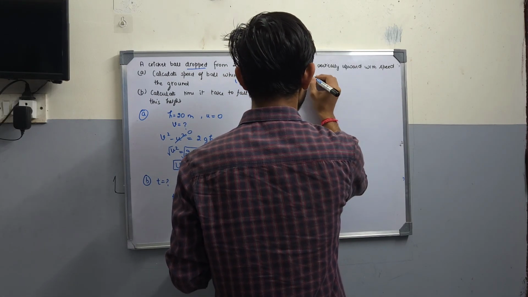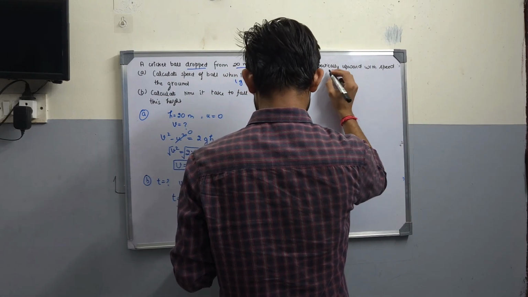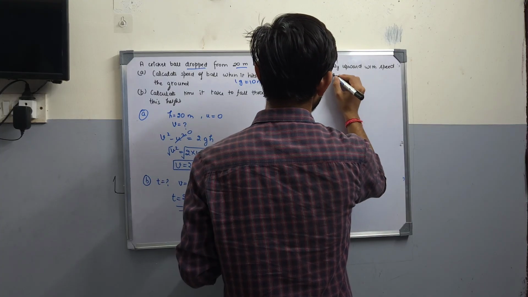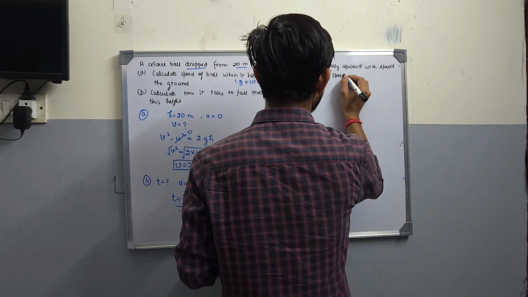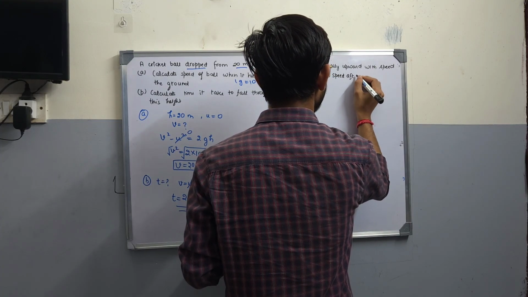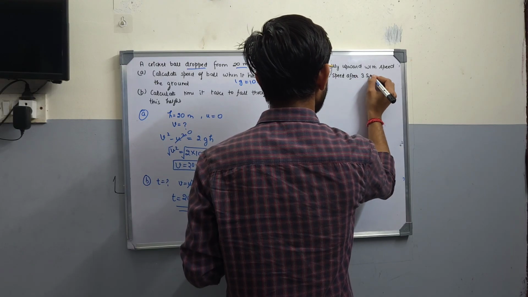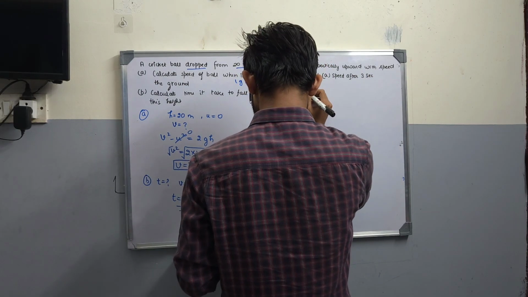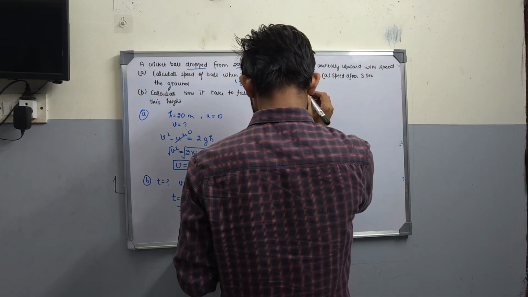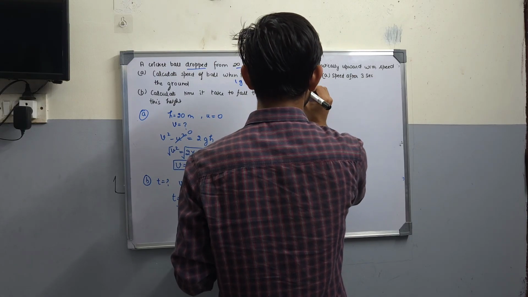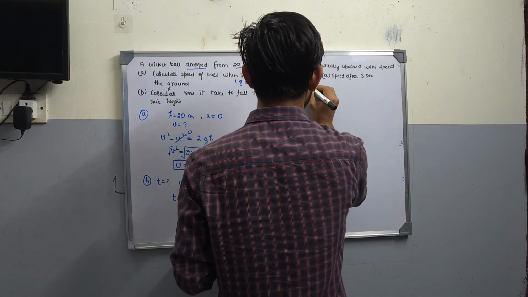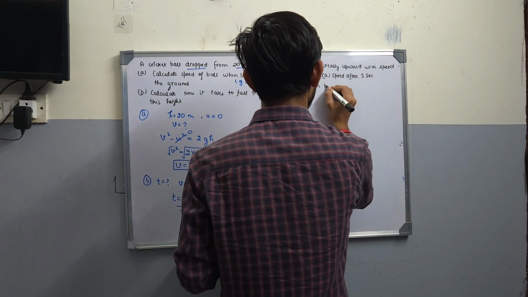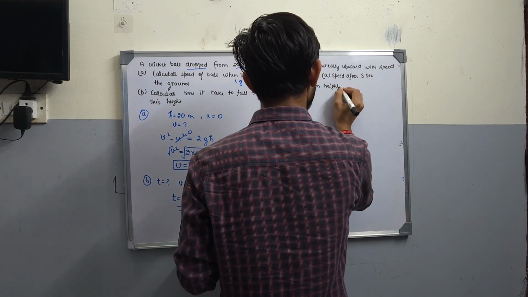In part A you have to find the speed after 3 seconds. In part B you have to find the maximum height of the ball, the maximum height it can reach.